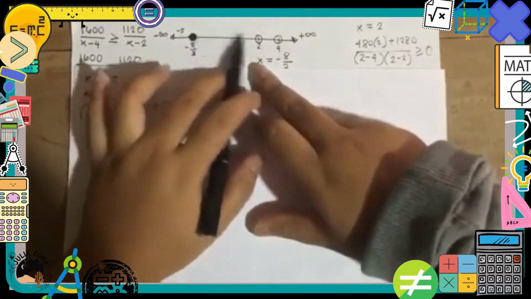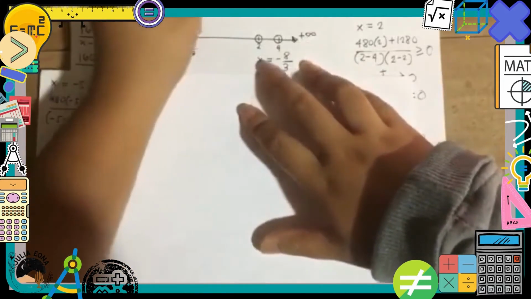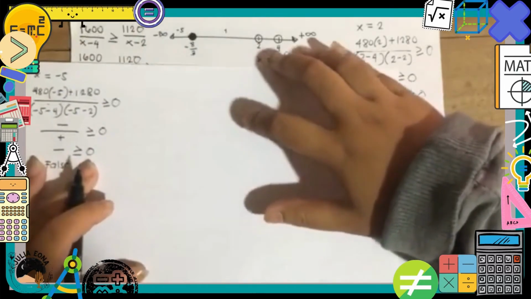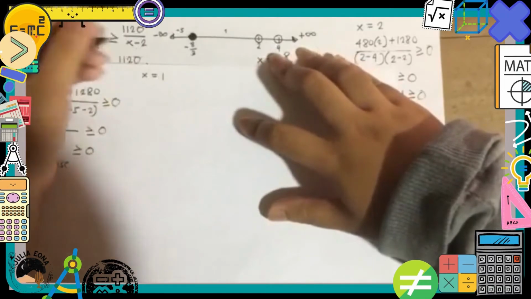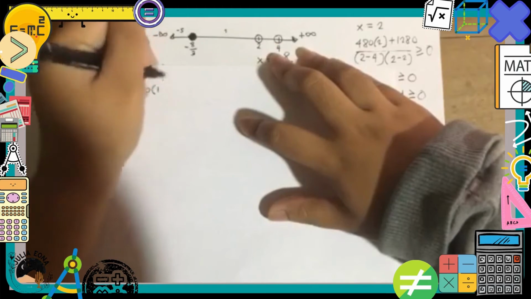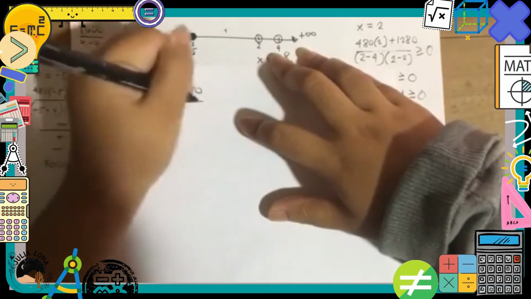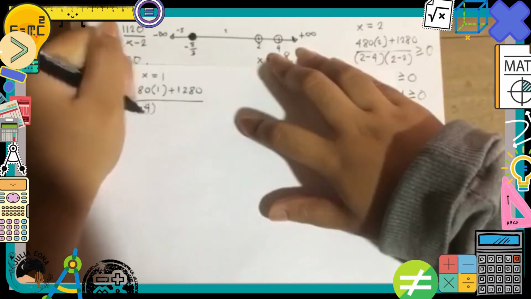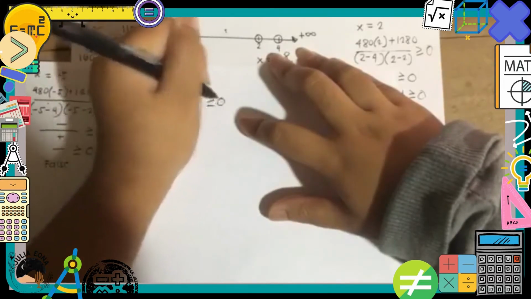Next, let's go to the second range. Let's say we have positive 1. So x is equal to positive 1. Then let's substitute: 1 plus 1280 over 1 minus 4, 1 minus 2 greater than or equal to 0.